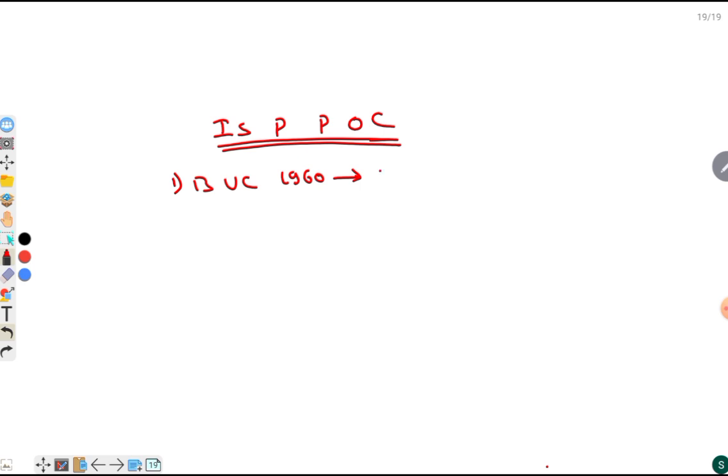Now, let us see, is the preamble part of the constitution or not? In the Berubari Union case 1960, it was held that the preamble is not part of the Indian constitution. Hence, it can't be amended under Article 368.